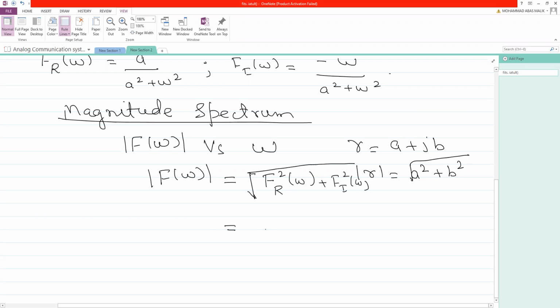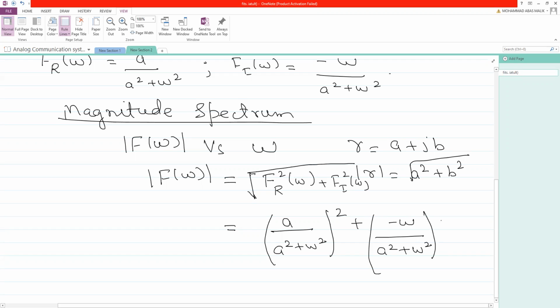Now, F real is equal to what? A divided by a square plus omega square, the whole square. F imaginary is minus omega divided by a square plus omega square, the whole square. Now, this will be the root of this whole thing.